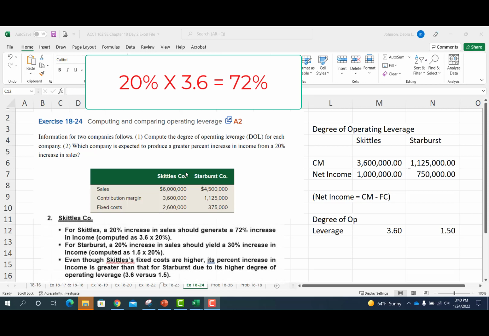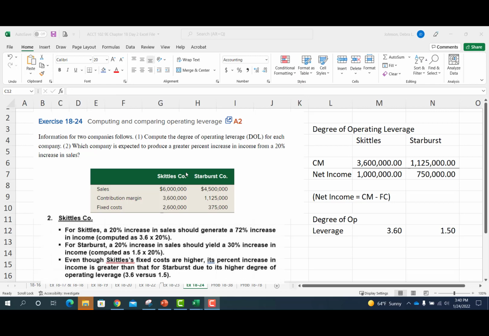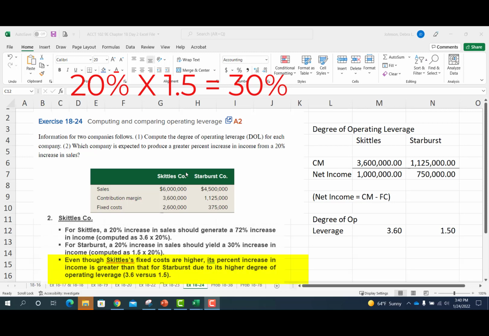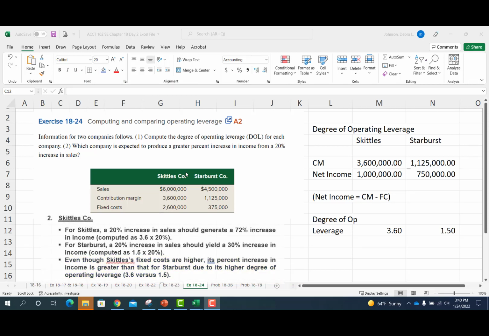For Starburst, a 20% increase in sales should yield a 30%, or 1.5 times multiplier, greater in their net income. What that boils down to is that even though Skittles' fixed costs are higher, its percent increase in income is greater than for Starburst due to its higher degree of operating leverage.